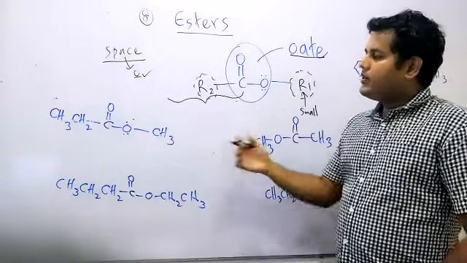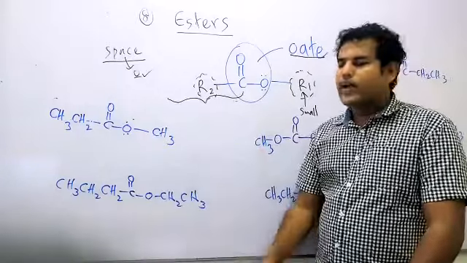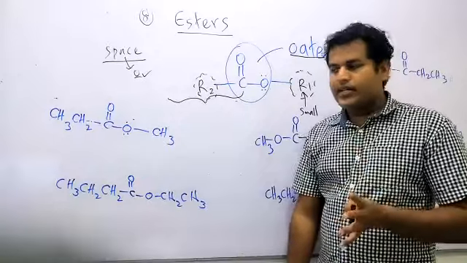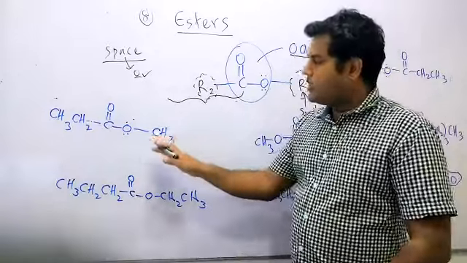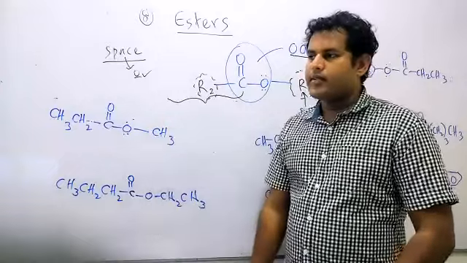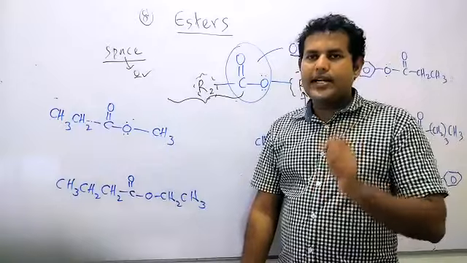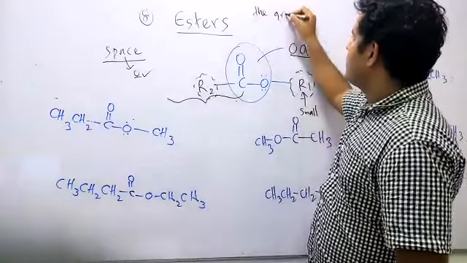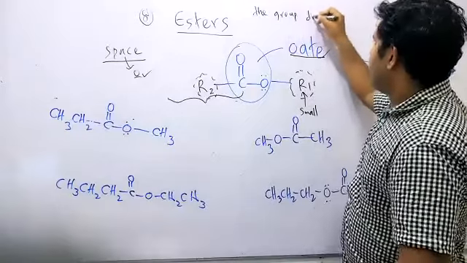Then from which side do we have to start? We have to number this, but we have to know one thing. We don't number the group which is directly attached to oxygen.